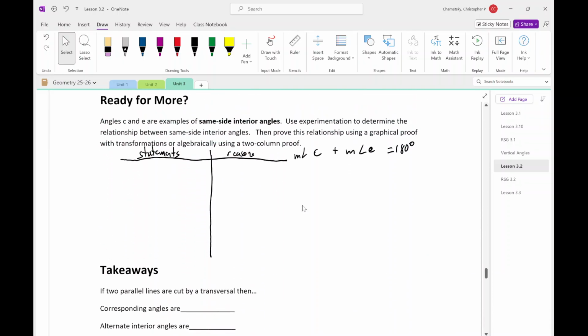So we'll say that angle C is congruent to angle G because they are corresponding.